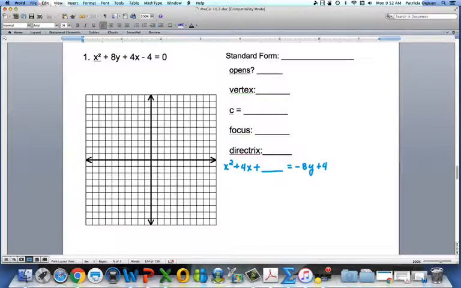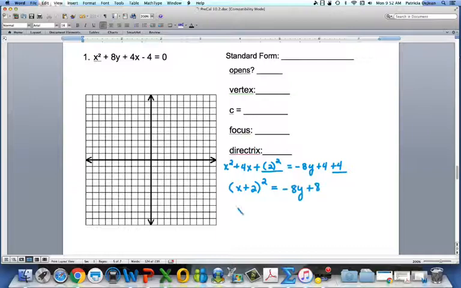Now you're going to complete the square. Remember, this is b over 2, so that's 2 squared, which goes in there. And I'm going to add 4 here to the other side, because if I add 4 to the left side, I have to add 4 to the right side. Okay. So then when I write this as a factored polynomial, I get x plus 2 squared is equal to negative 8y plus 8.